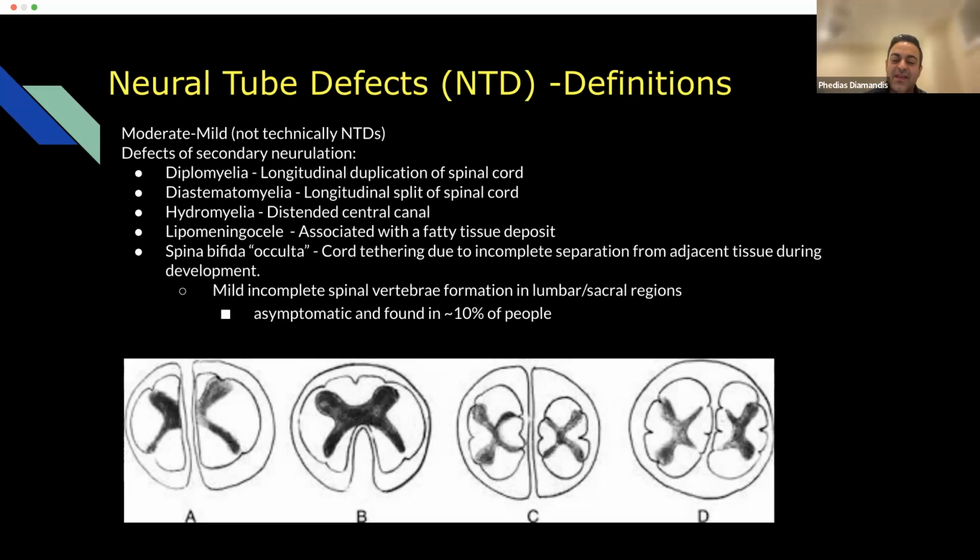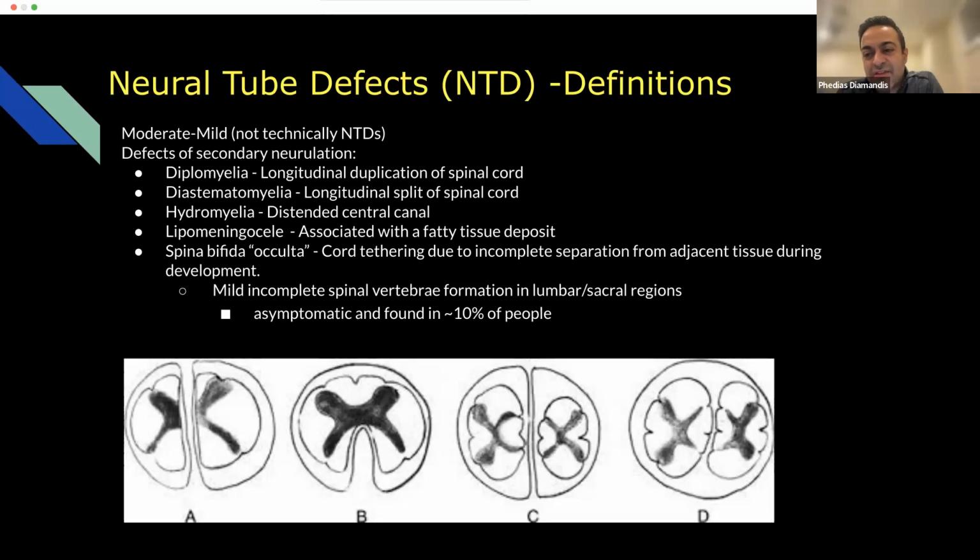You can have hydromyelia, which is basically just a distension of the central canal of the spinal cord, and then you can have lipomeningocele, which is where you have associated fatty tissue with the bottom part of the spinal cord. The variant of spina bifida, as we mentioned, is spina bifida occulta, which is potentially somewhat of a misnomer, because we don't have that splitting of the cord in the traditional sense, but there could be secondary issues, even though the nervous system is not directly compromised, from the amniotic fluid.